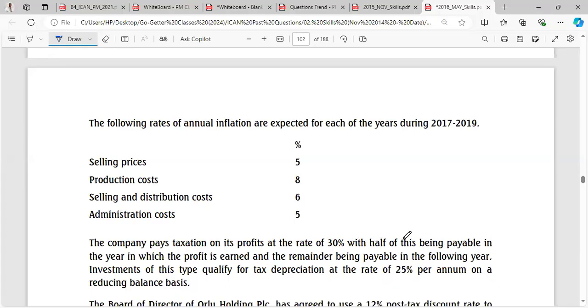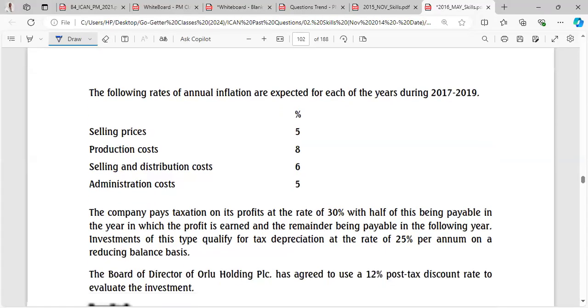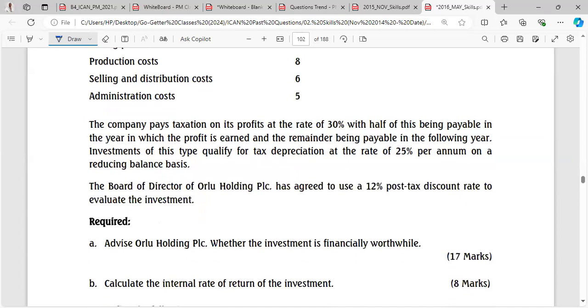The company pays taxation on its profit at the rate of 30%, with half of this payable in the year in which the profit is earned and the remainder payable in the following year. Investment of this type qualifies for tax depreciation at the rate of 25% per annum on reducing balance.